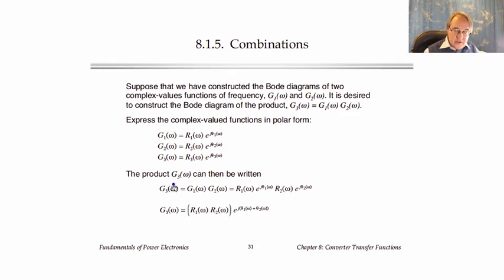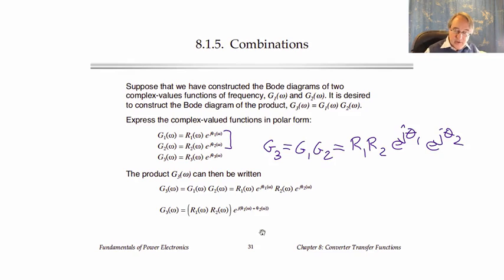So if we call g3 the product of g1 and g2, we can find the magnitude and phase of g3 by multiplying the terms for g1 and g2 together. So we'll get r1 times r2 times e to the j theta 1 times e to the j theta 2. And the product then we can write as r1 r2 in magnitude, which is the magnitude of g3, times e to the j theta 1 plus theta 2, so the phase adds.